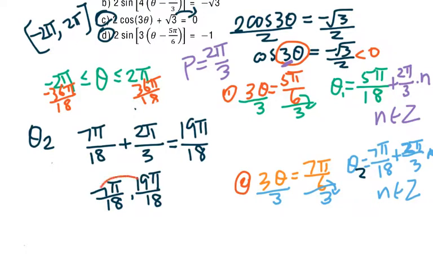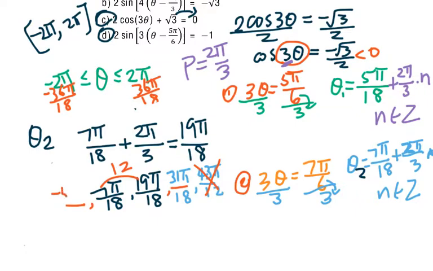Basically, keep the same thing. I keep adding 12. So I will get 31 pi over 18. Then add 12 again, it will be 43 pi over 18. Definitely it's wrong because it's greater than 36 pi in the numerator. Then I keep subtracting 12.